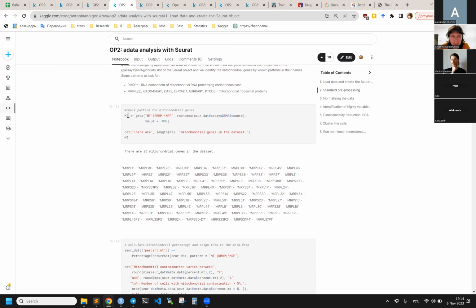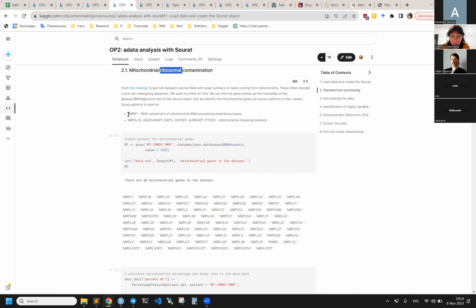So the challenge, at least with my background, is to find a comprehensive list of all available mitochondrial genes. So far, I just managed to find some patterns. That means that a gene with this pattern in its name is related to mitochondrial genes. So these are patterns for mitochondrial ribosomal proteins, and this is a component of some mitochondrial RNA processing endoribonuclease.